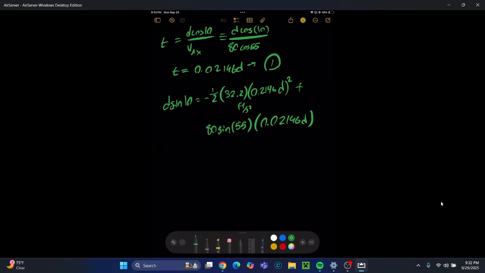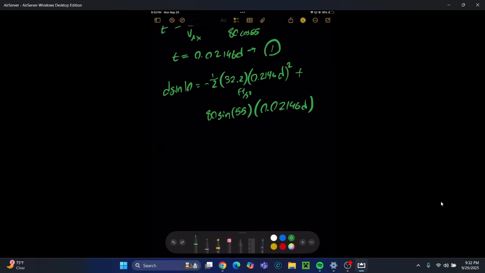I wouldn't fully recommend trying to keep these in their forms. You can just solve out the numbers now. So we get an equation that looks like negative 0.007415 d squared plus 1.233 d equals 0.